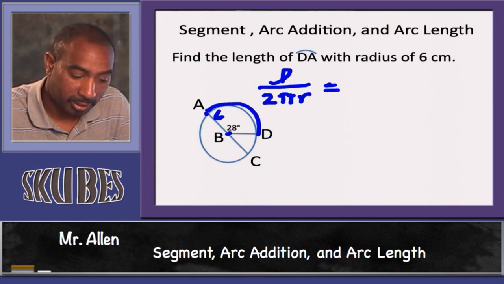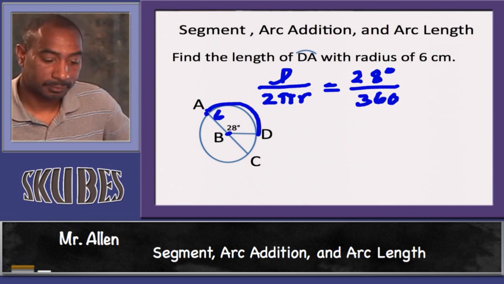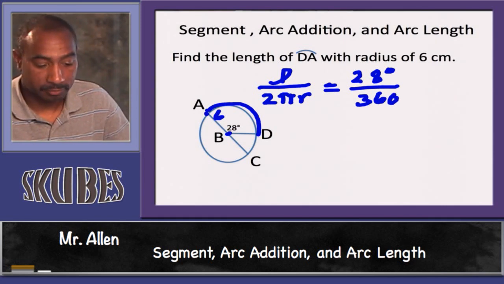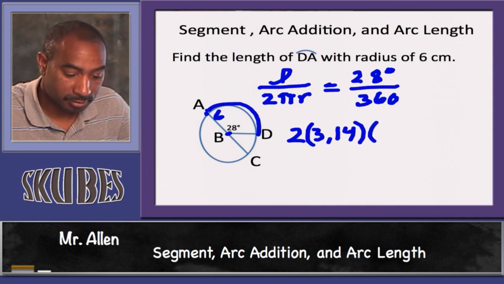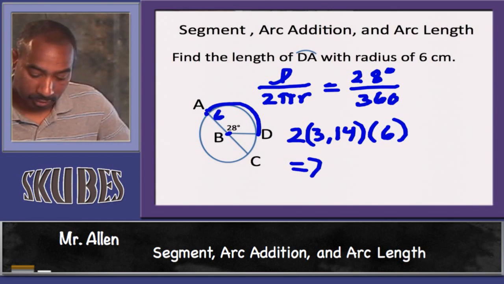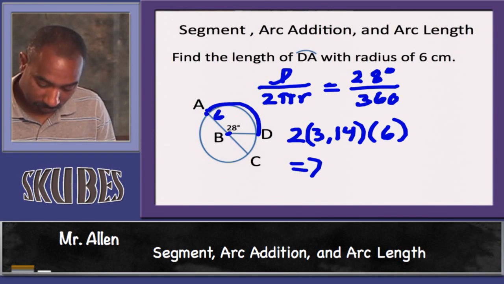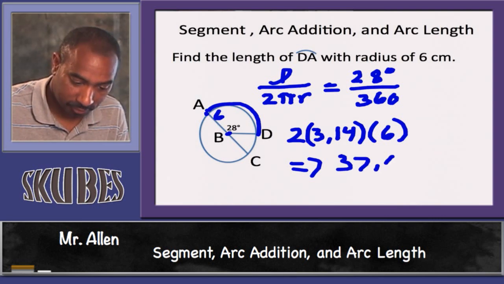And you have to take the central angle, in this case it's 28 degrees of that arc, and set it equal to 360, the total angles of the whole circle. Again, you have to get the circumference. So do that first. So 2 times 3.14 times the radius. The radius is 6. And if you do that, you should get 37.68 approximately.